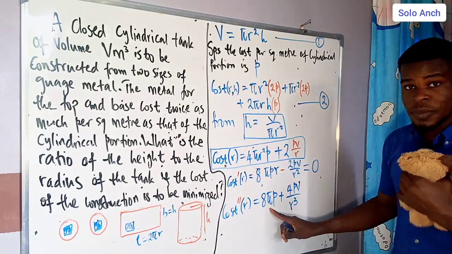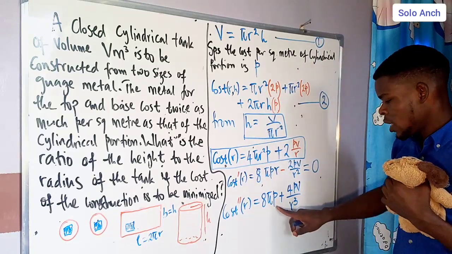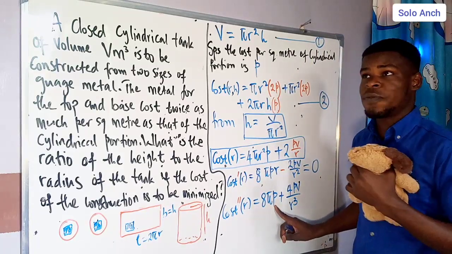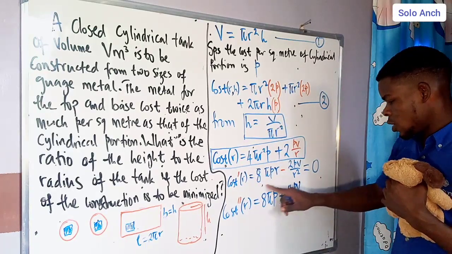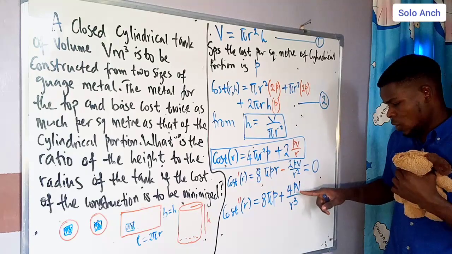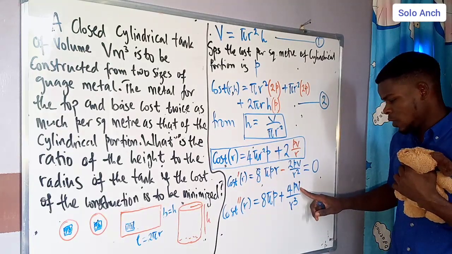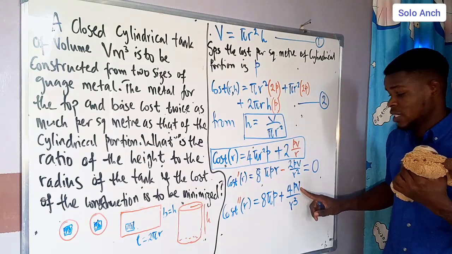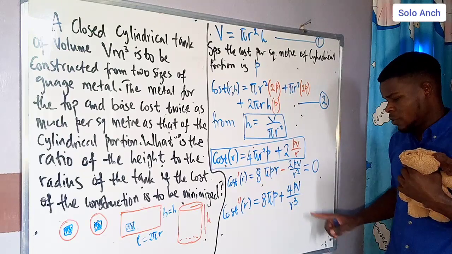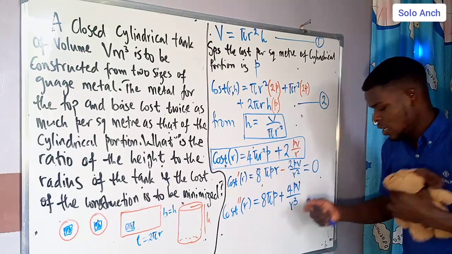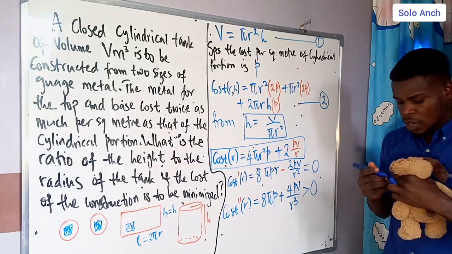Pi is also a positive number, approximately 3.142. P is a fixed price, and physically speaking, the price cannot be negative. So the whole of this is positive. 4 is also a positive number. P is the fixed price, which is positive. The volume cannot be negative, so it's positive, and it cannot even be 0, else we will not have a cylinder at all. Divided by r to the third power, and r cannot be negative. So that means everything here is positive, which means the sum will be greater than 0.